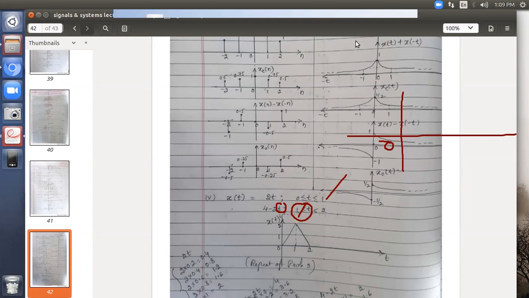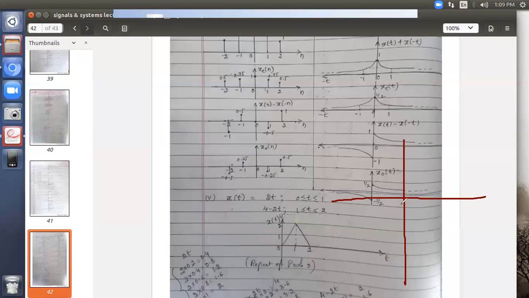Let me just do it one more time. At t equals 0, 2 into 0 is 0. Then t equals 0.5, 2 into 0.5 is 1. T equals 1, 2 into 1, something here. This is 1, this is 2. I'll join it.